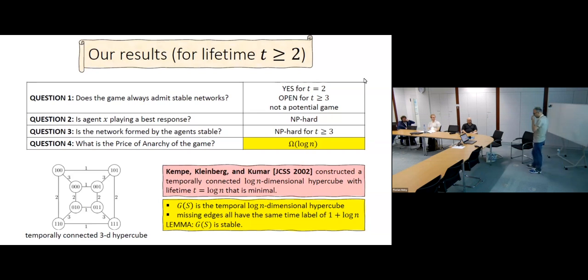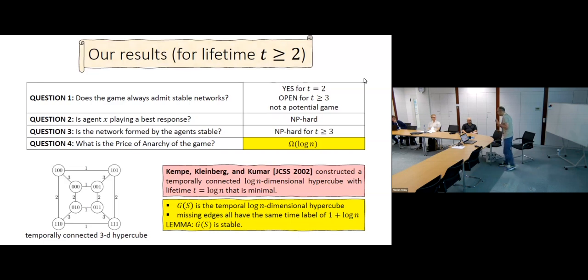What we did in our paper was the following. We embedded this hypercube in complete host graphs where the missing edges all have the same time label of 1 plus log n. And we proved that any strategy profile that induces the hypercube is stable. So there are stable networks of size n log n.